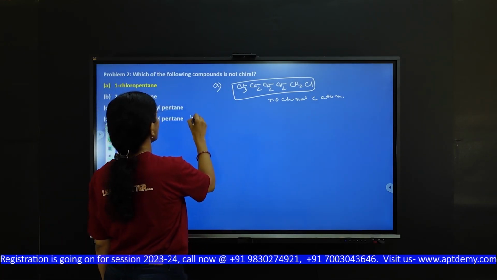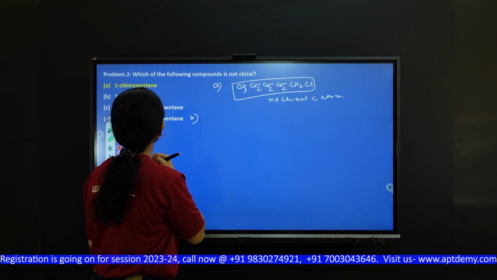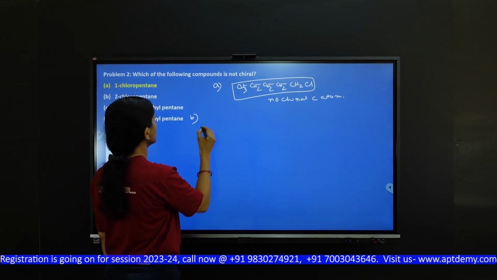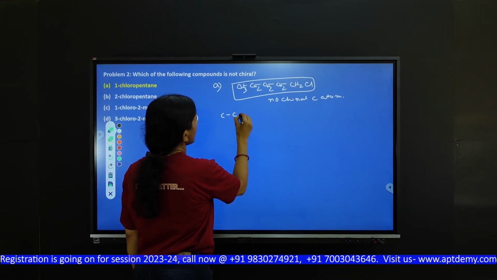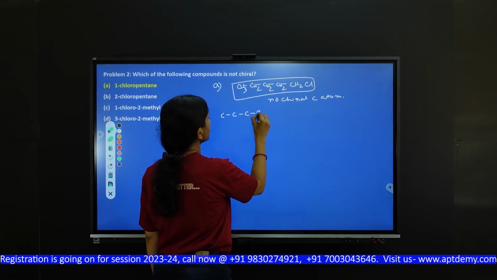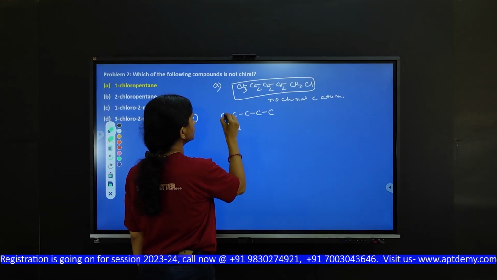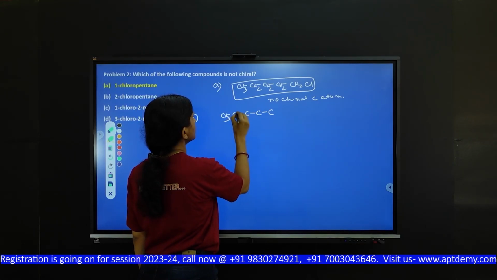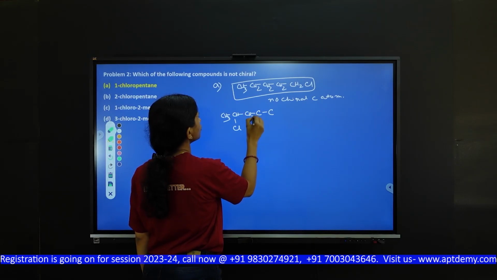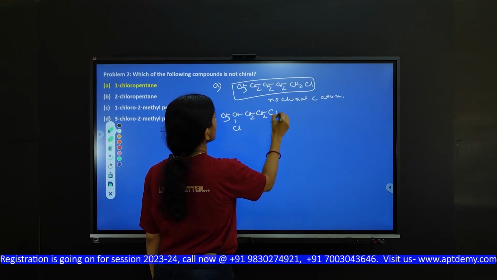Now let's check the other options. Option B is 2-chloropentane. Again we will have 5 carbon atoms, and this is our 2-chloro: CH3, CHCl, CH2, CH2, CH3.